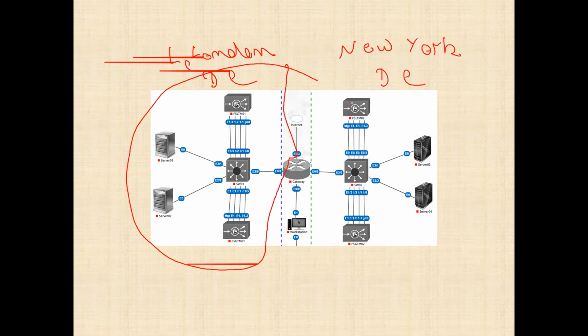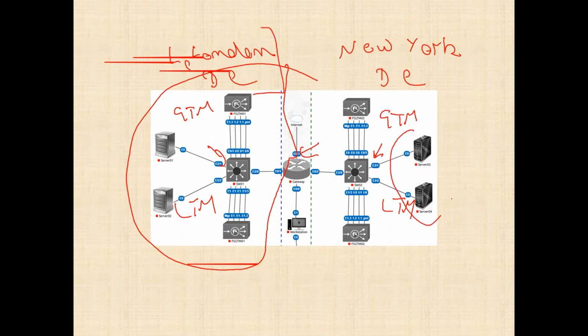So we have two data centers, and we have one GTM and one LTM in each of them. We have a layer 3 switch, one in New York and one in the London data center, and we have our Linux servers.